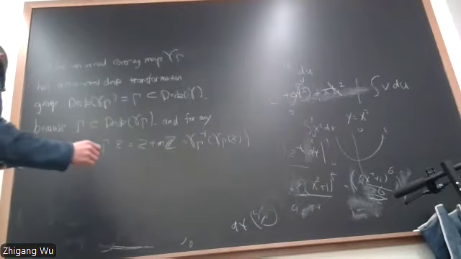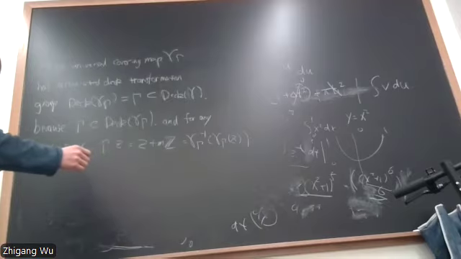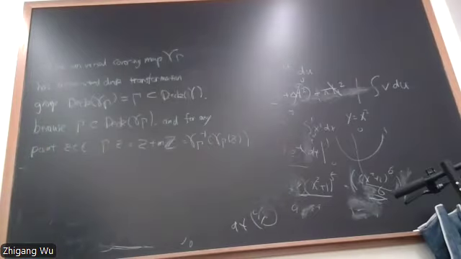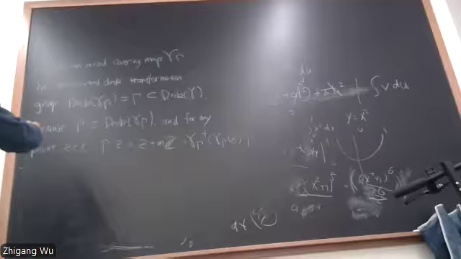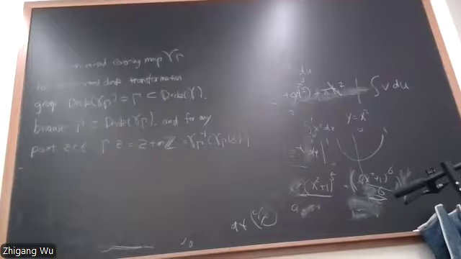So this is showing why the quotient space is the same.